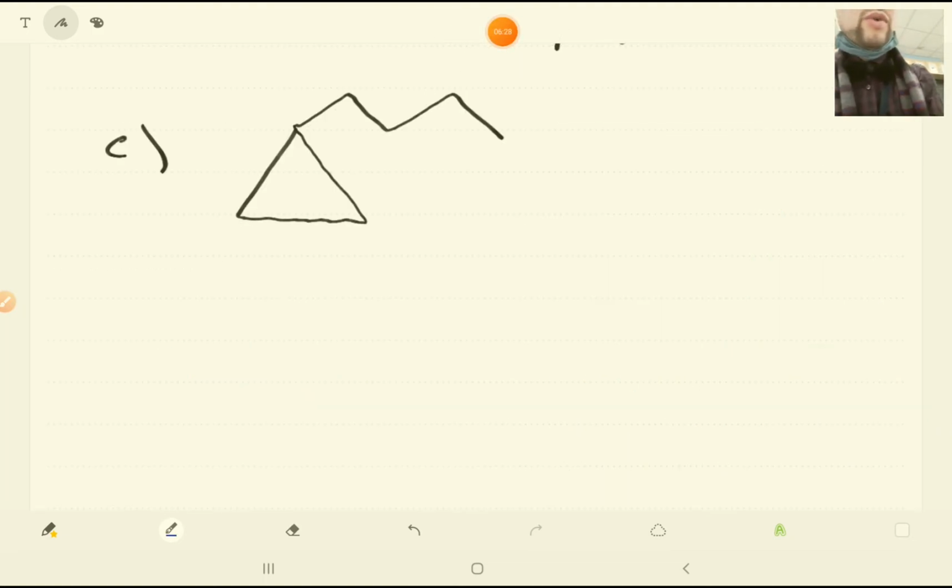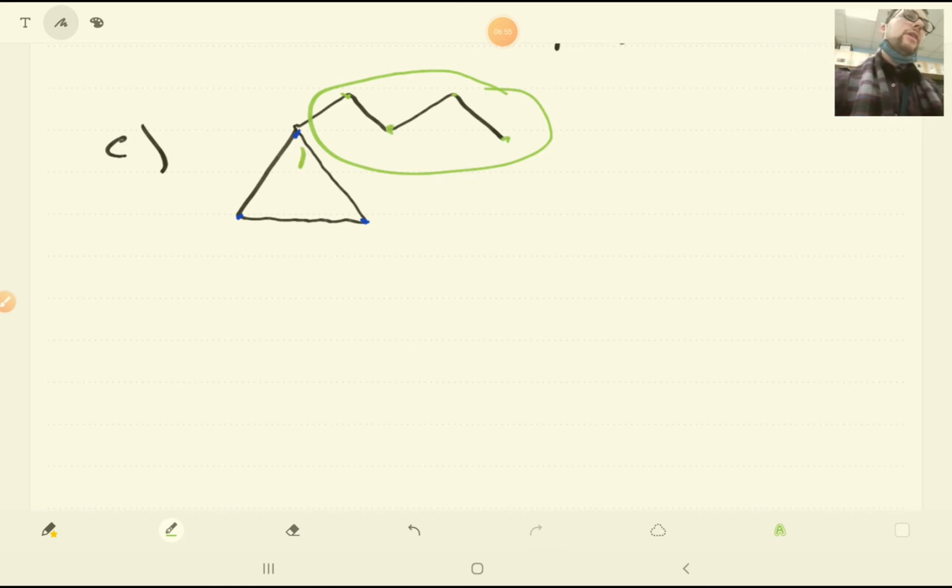Now, looking at this one here, we got 1, 2, 3. Remember that the rule is that the shape is always going to be the parent chain, even if it has fewer carbons than whatever else is attached to it. So here we got 3. So this is going to be a cyclopropane. Now, the branch over here has 1, 2, 3, 4 carbons.